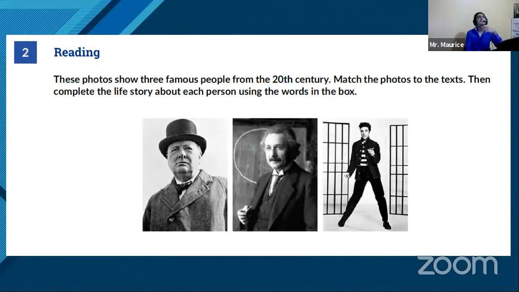Albert was a famous scientist. Yeah, he was Elvis Presley. Elvis Presley was a famous singer. Okay, good. That's what I'm talking about.